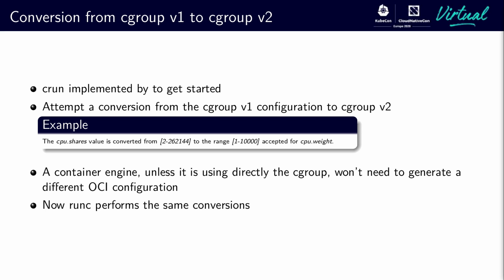An example is the CPU shares file. If we get the configuration from cgroup v1, the cgroup v1 valid range is converted to cgroup v2. So it's written to a different file and using a different range.